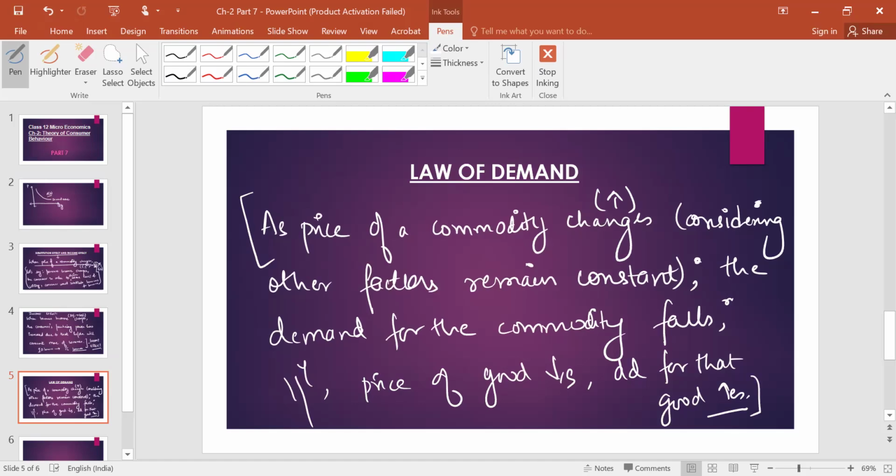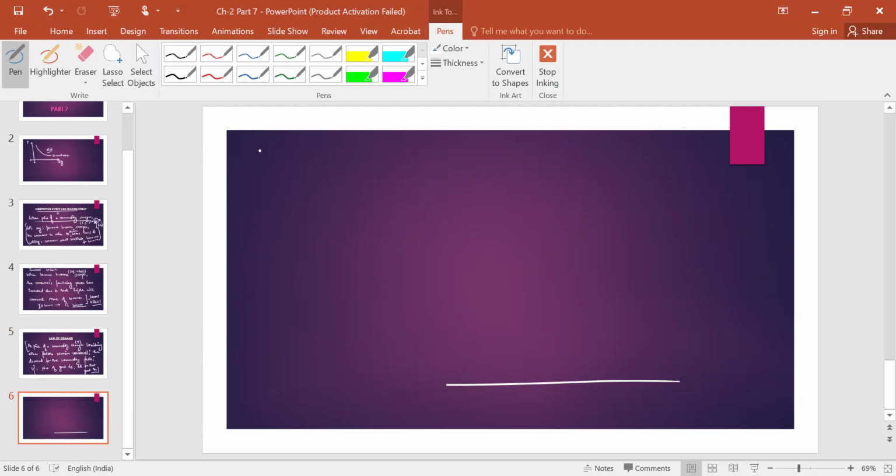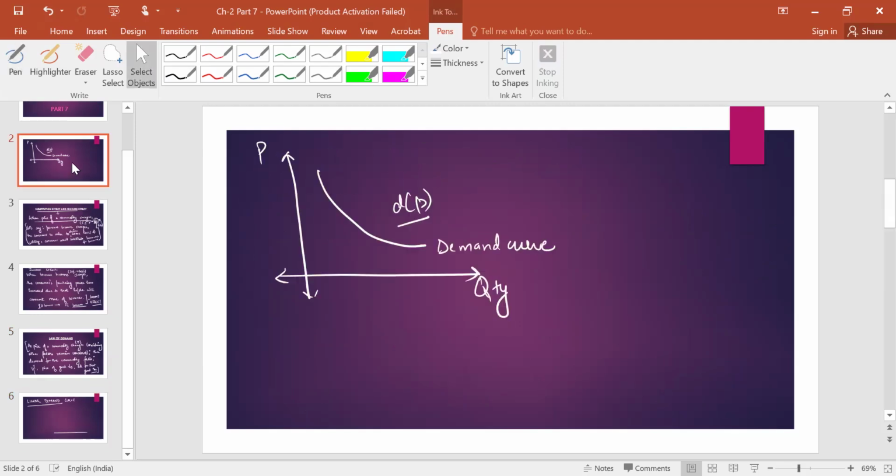Correct. And let's say we want to draw a demand curve. Let's draw a linear demand curve. Earlier we have drawn a demand curve which is downward sloping. However, it is not linear.